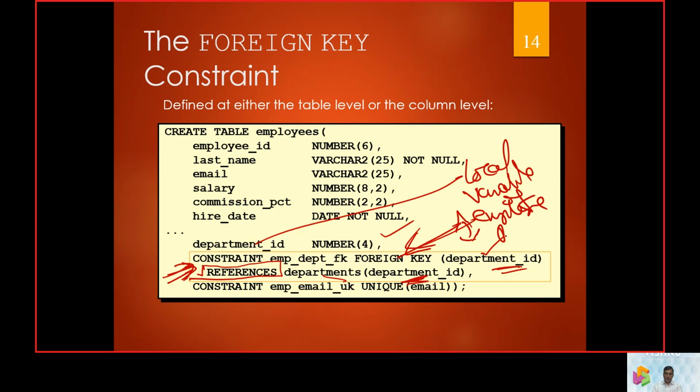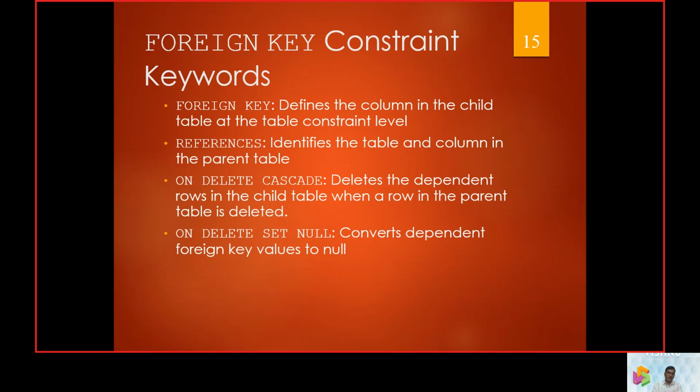Now it is pointing to the global department ID of the department table. It is pointing to the global department table. So that was the thing we are going to understand as a part of a foreign key.